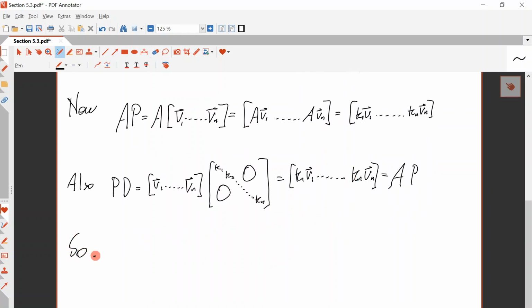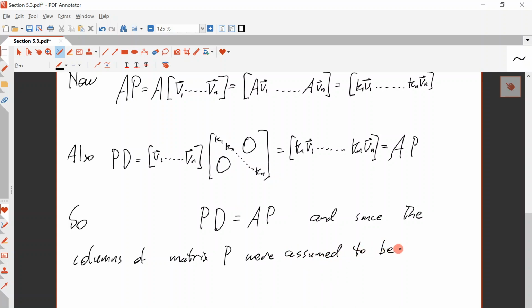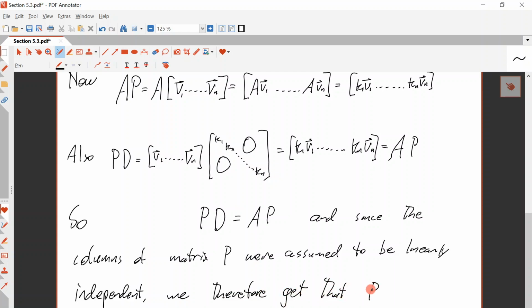Right? So PD is equal to AP, and since the columns of matrix P were assumed to be linearly independent, we therefore get that P inverse exists.